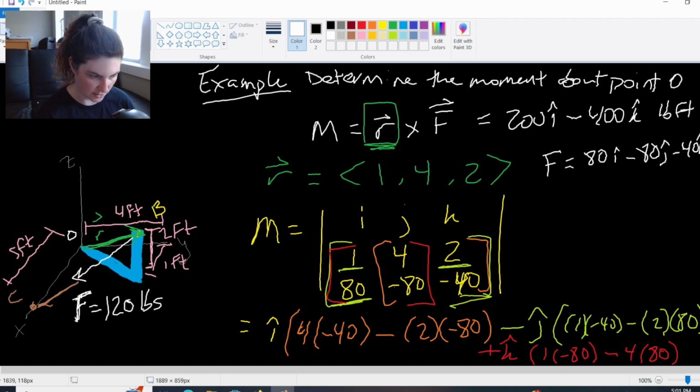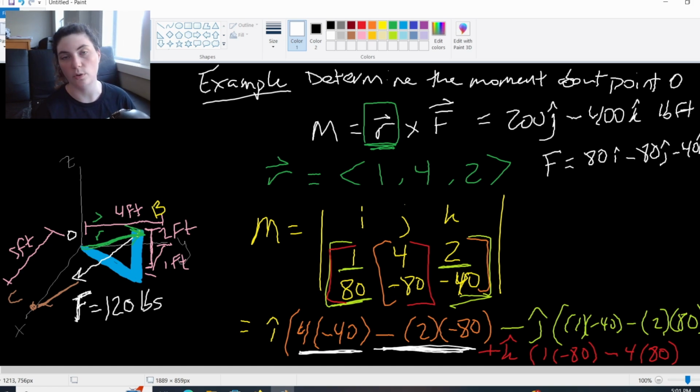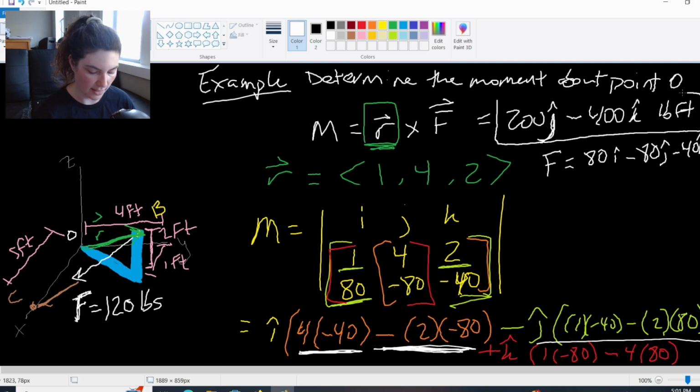Sorry, there is no i hat term if we notice 4 times negative 40 minus 2 times negative 80, right? This is negative 160 plus 160. So our i hat term just goes away. We don't even need to write our i hat term. This is 200 j hat minus 400 k hat pound feet. That is our moment.